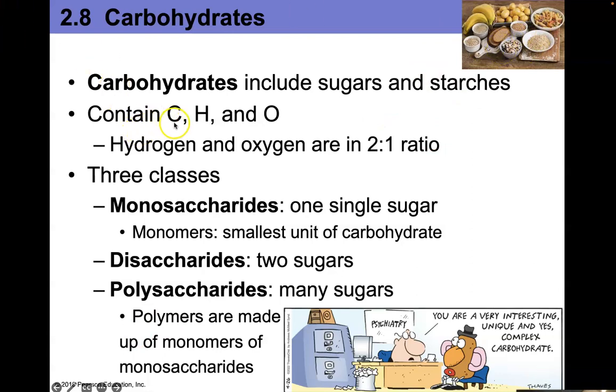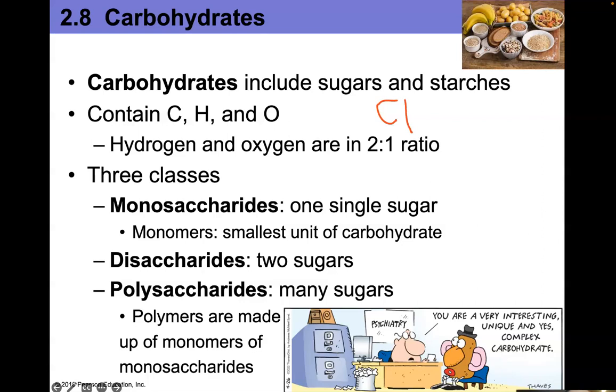They're going to contain, obviously, carbon, hydrogen, oxygen. And the reason that they're called carbohydrates is that hydrogen and oxygen are in this 2-to-1 ratio. So literally the name actually means carbohydrate. Real quick, I'm just going to show you. Carbo, C is the carbo. So carbo means carbon and hydrate means water.